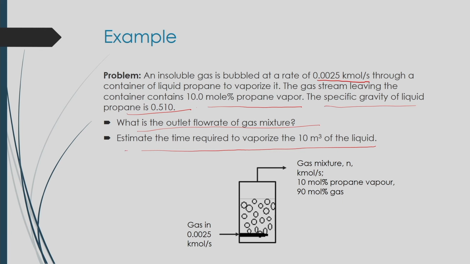Here also you will see that some input will be there, and initially some amount of liquid will be there, whereas gas will be inlet at a rate of 0.0025 kilomole per second, and the gas mixture which is coming out, that is not known to you, can be denoted by N. And in this case 10 mole percent propane vapor and 90 mole percent gas will be there.